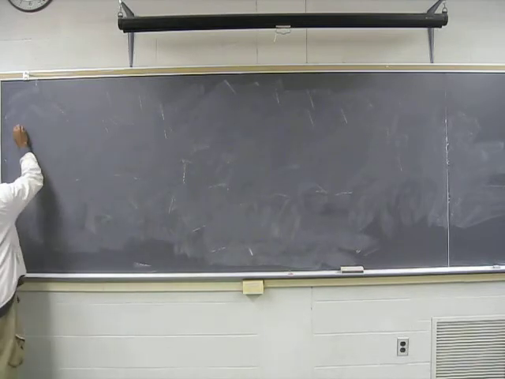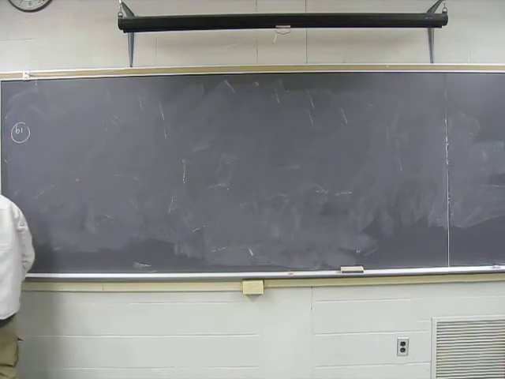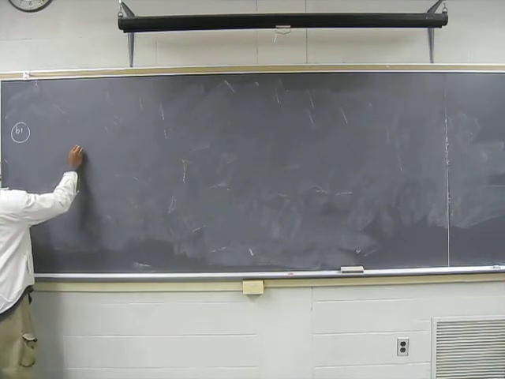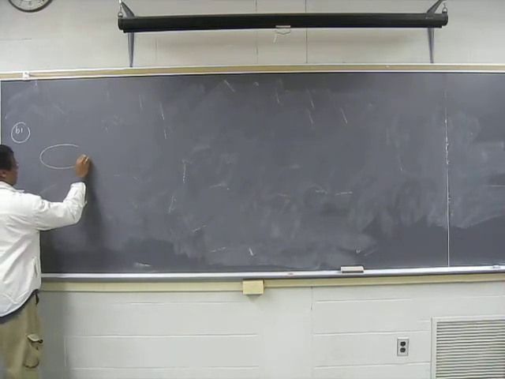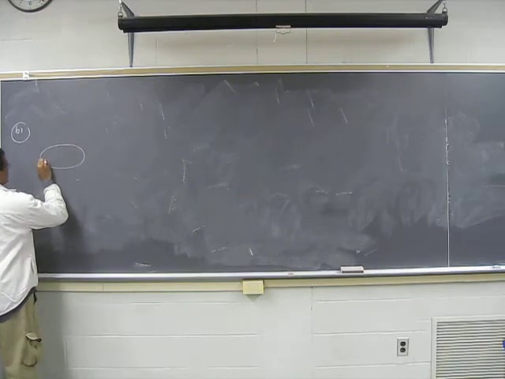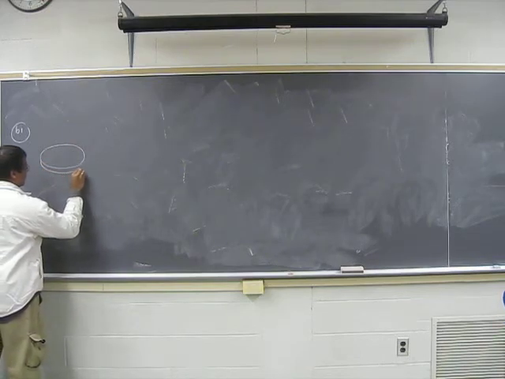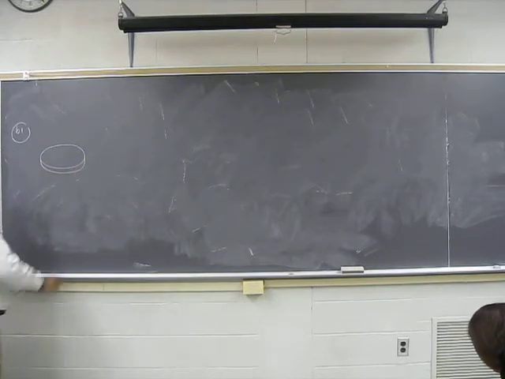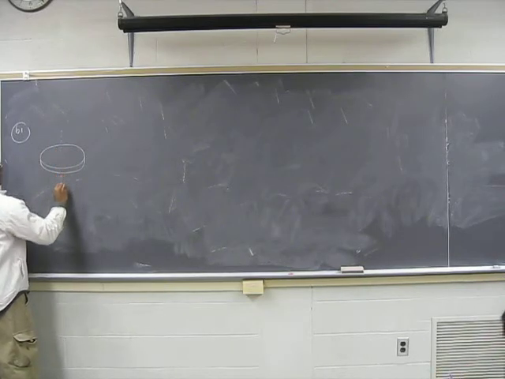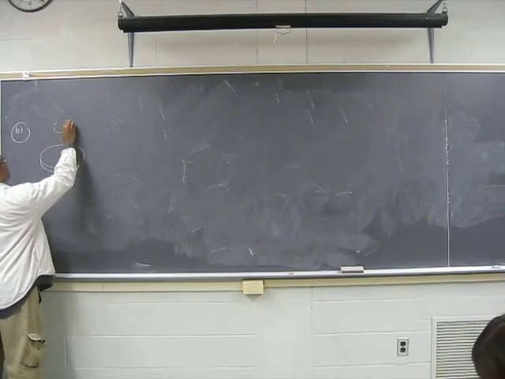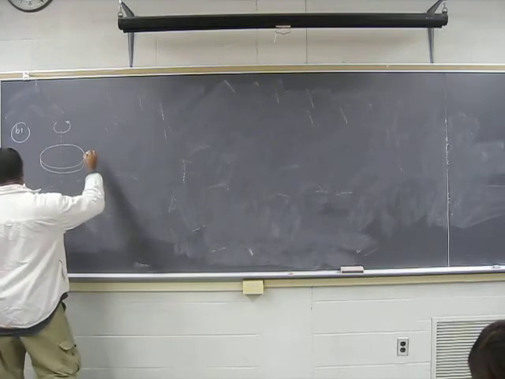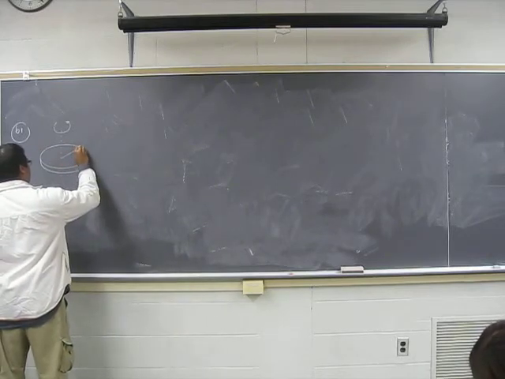Problem number 61. What we have is a disk, and this is rotating. And we have a radius given to us.